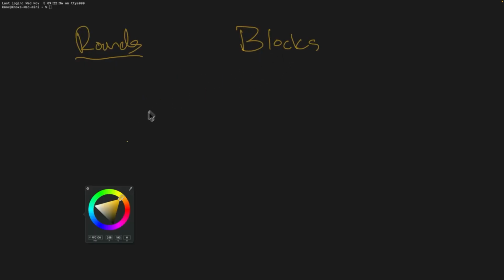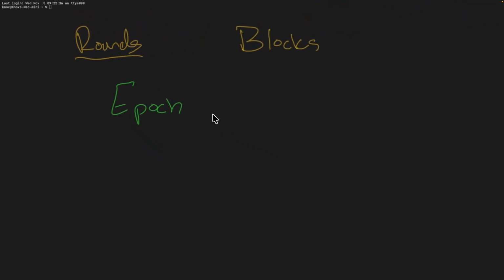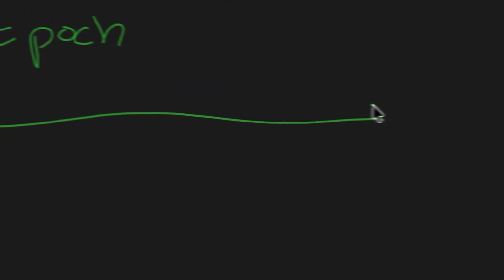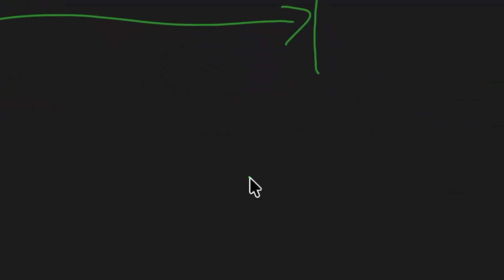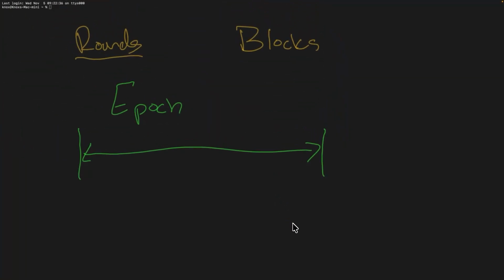So then this kind of begs the question, what is an epoch? An epoch is just a given amount of time for things to happen. You could think about it as a timeline. There is a start to an epoch, and there is an end to an epoch. And it is different on every single blockchain that exists.